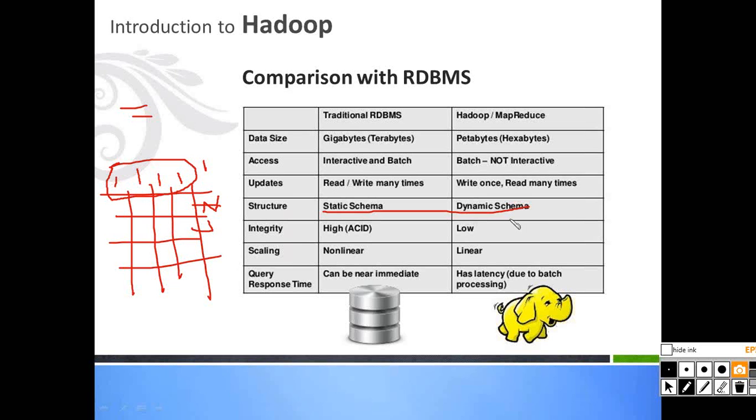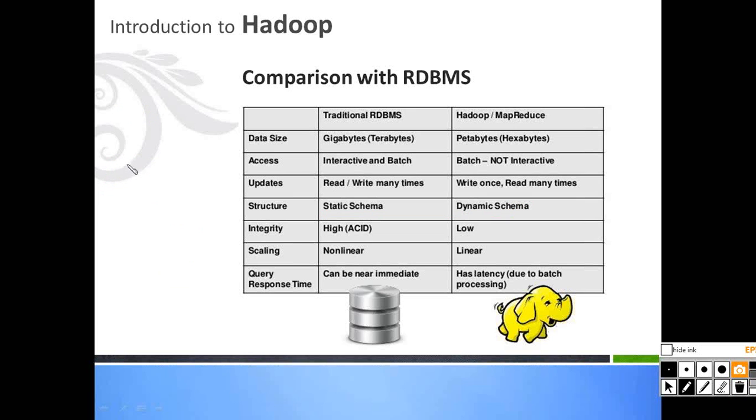When we are talking about dynamic schema, that limitation is no longer a hurdle. Let us say we have a table in Hadoop. Other day I was showing you Hive, but for the discussion's sake, assume there is a table in Hadoop with columns like this. Tomorrow you can add a new column without alerting anybody, even the consuming applications.